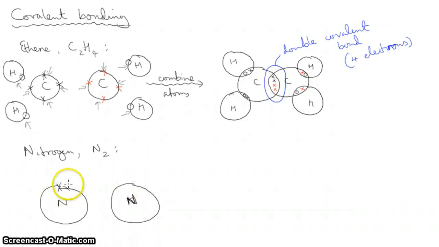Each nitrogen is in group 5, so each has 5 of its own electrons. Show these in a different colour. 5 of its own electrons. So each has room for 3 more. 1, 2, 3. 1, 2, 3. Plus 5 will make 8.